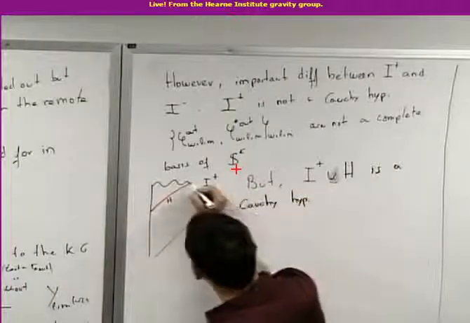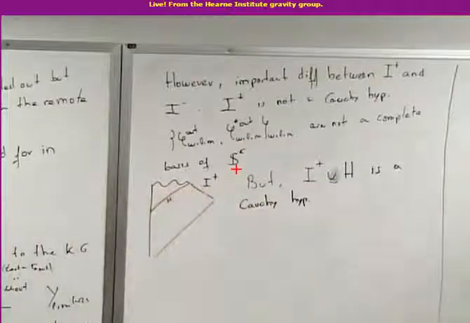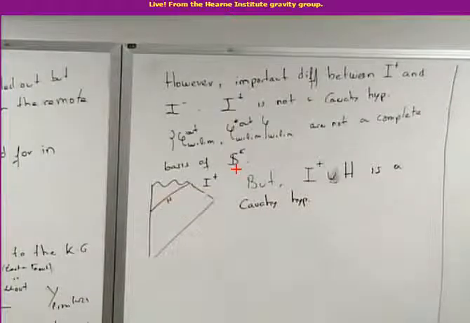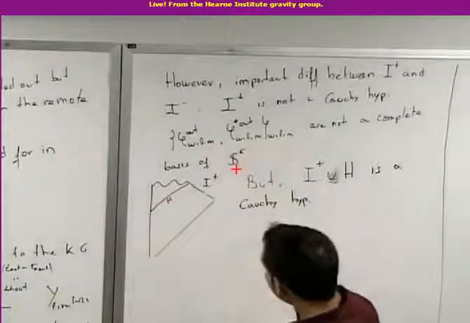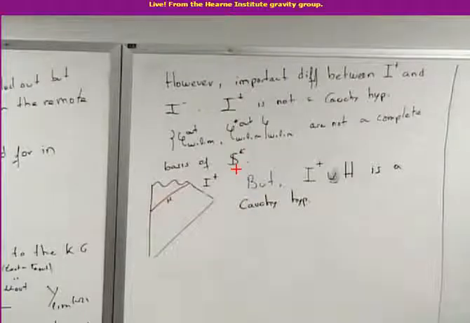I could choose another extension like that, and like that, but the horizon itself is enough. Therefore, if we add to this basis a basis of modes with support in the horizon, we will have a complete basis.